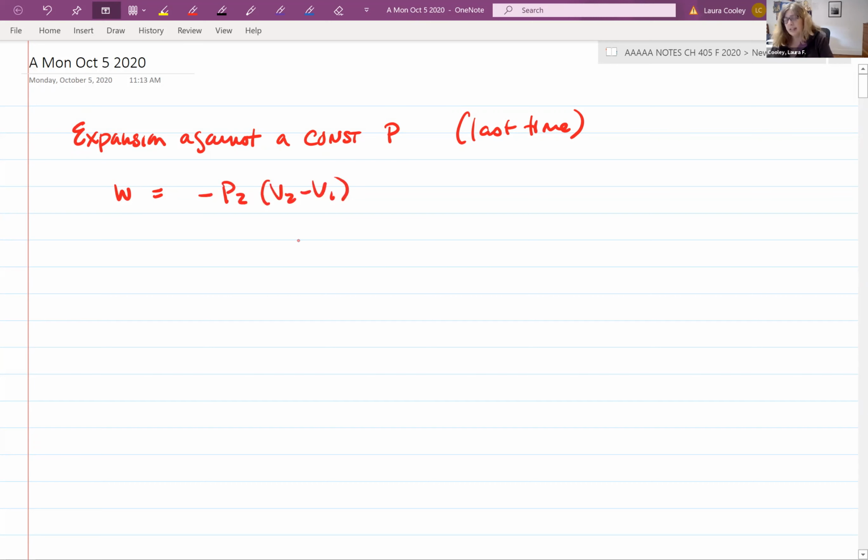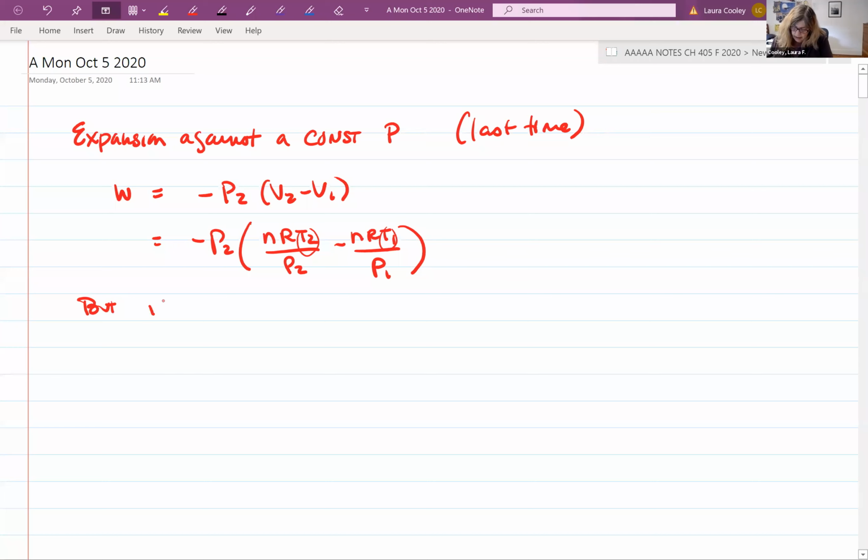But then if you use the ideal gas law and put that in, this is what it looks like if you don't restrict the temperature to being constant. The temperature can change, because you see I have two different temperatures here.